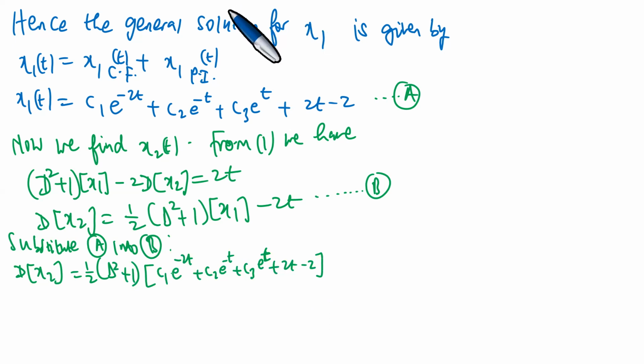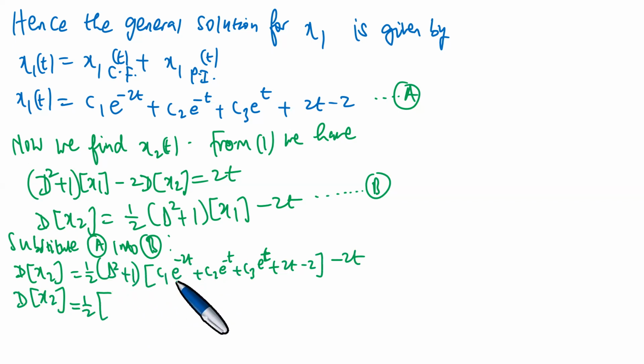Right. We have this one now, and then we have minus 2t. So dx2. We want to solve for x2 out of this. So what do we achieve here? We will first allow the d squared to proceed and differentiate everything here, twice.